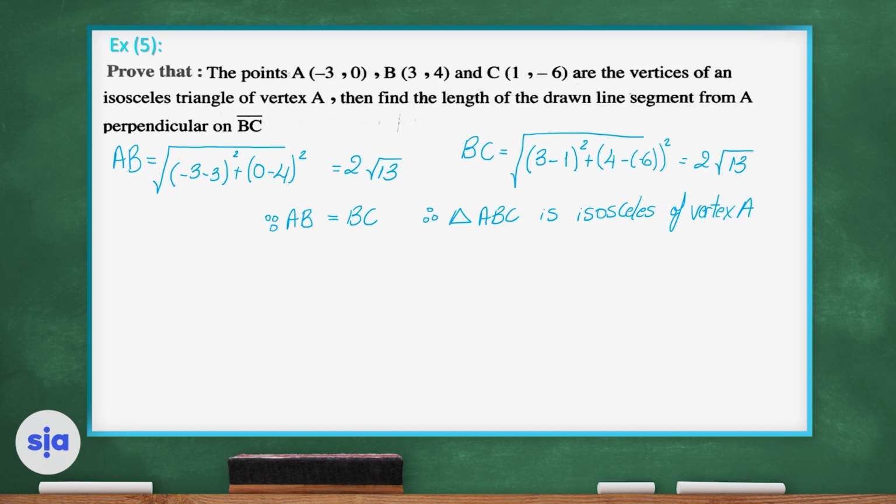Now, the second part of the question wants us to find the length of the line segment drawn from A perpendicular to BC. We know that as long as triangle ABC is an isosceles triangle, then the perpendicular line that comes from the vertex bisects the opposite side. So they meet at the midpoint of BC. Let's now find the midpoint of BC.